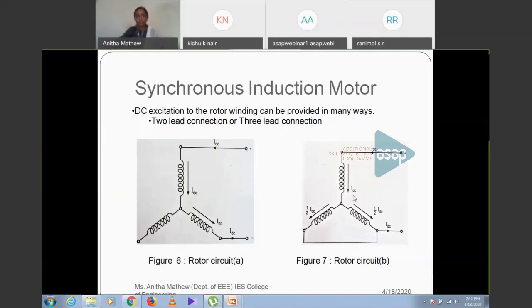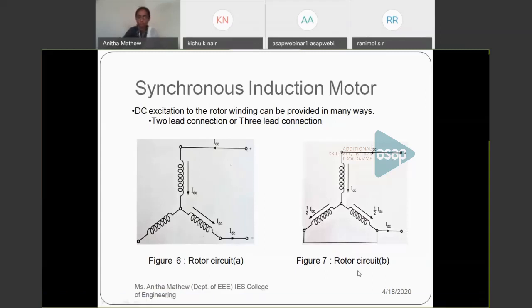In the next, two of the terminals are connected, and these two act as parallel windings. This is the second type of connection.